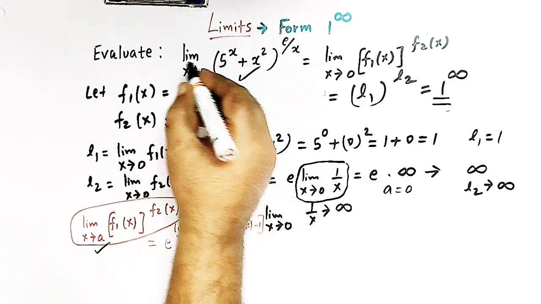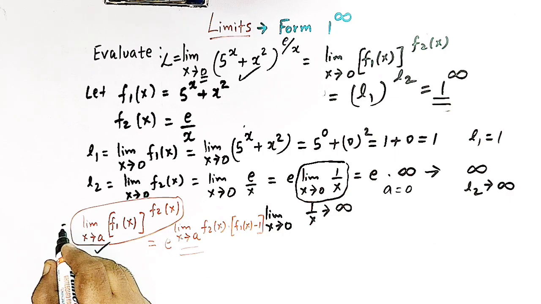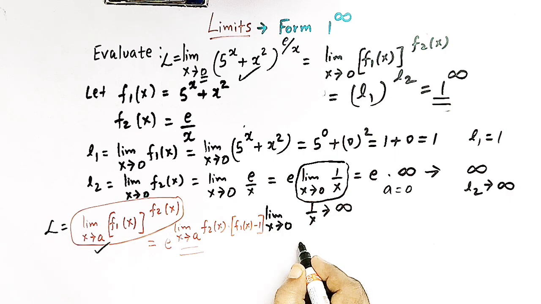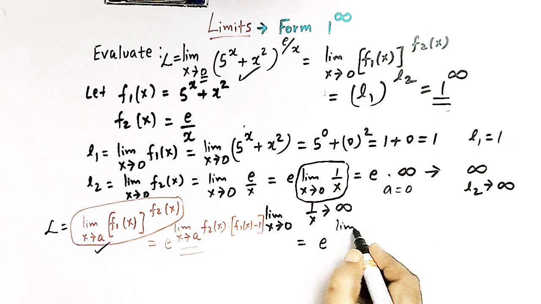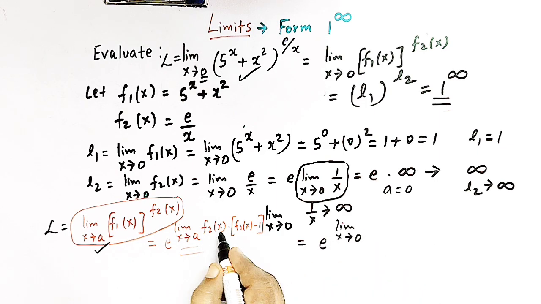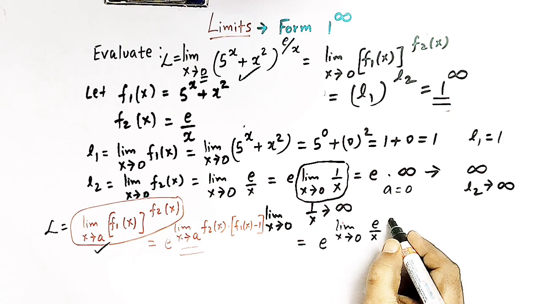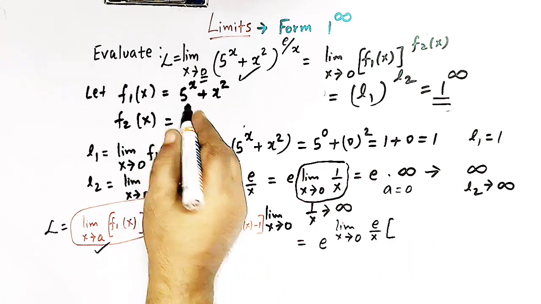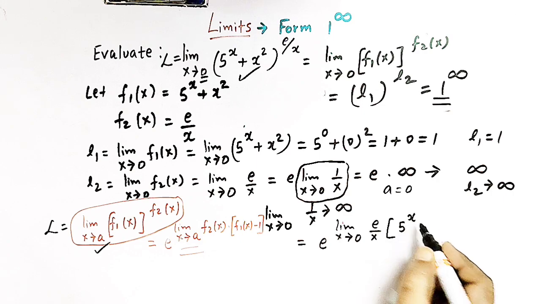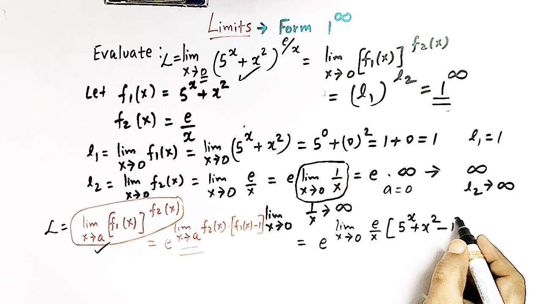Let us call the value of this limit L. So L can be given as e raised to limit x tends to 0 of f2(x), which is e over x, times f1(x) minus 1, that is 5 raised to x plus x square minus 1.